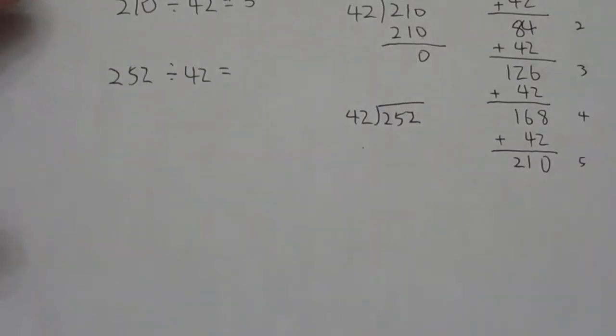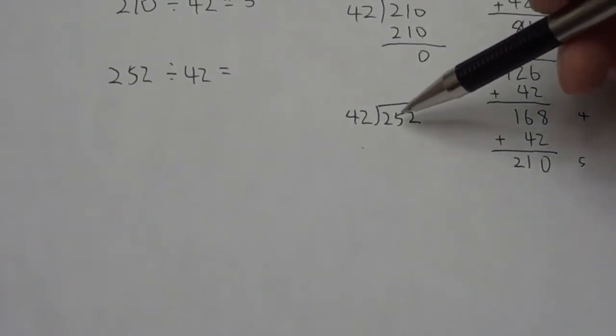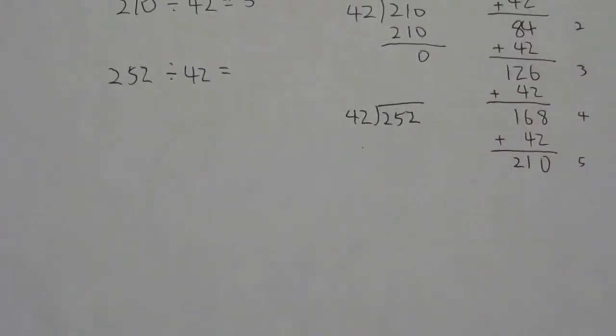Okay, so 252 is close to 200, right? Because you always want to go small, because if you go big and go over, then you have to go backwards. All right, so 200 divided by 40, so it should be around 5. We know it's going to be greater than 5, but we know 5 is going to be pretty close.